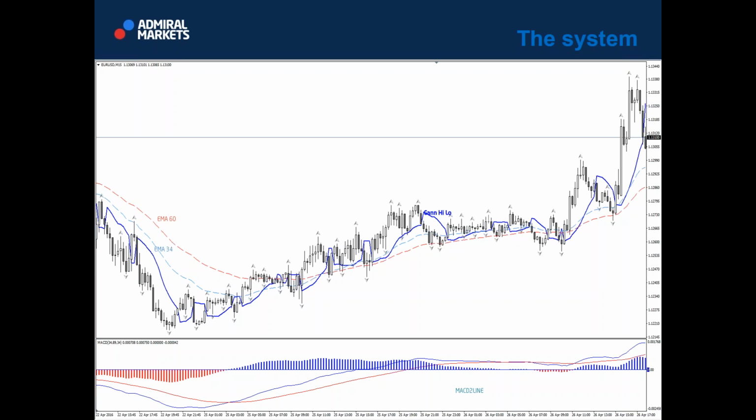MACD is actually exponentialized here. So we use 34, 89, 34 MACD. It's a form of exponential MACD. So why didn't I put 12, 26, 9 settings? Simply because you need to work this from a higher time frame MACD perspective.